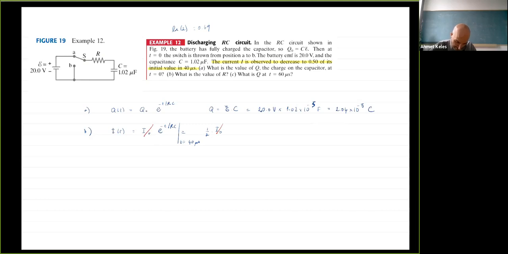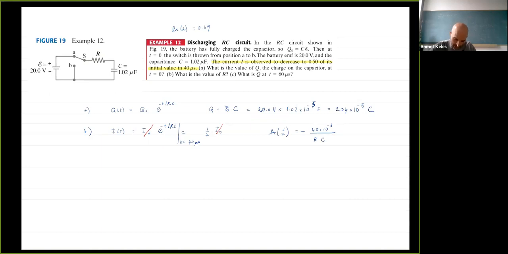Then ln 1 over 2 should be equal to minus T, which is 40 times 10 to the minus 6, divided by RC.